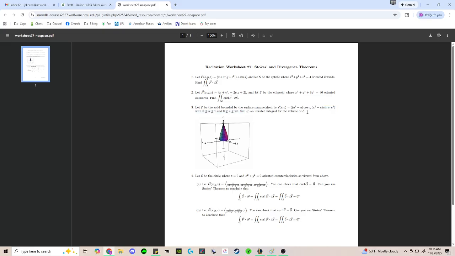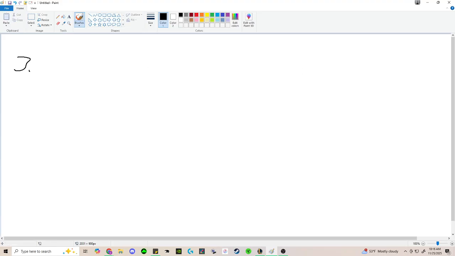So how do we find our volume here? Let's look. Volume is going to be the triple integral, we'll call it E, or epsilon, of 1 dV.